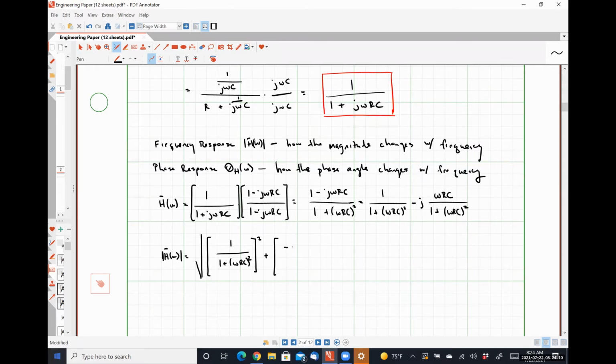So that's going to look like negative omega RC divided by 1 plus omega RC quantity squared.